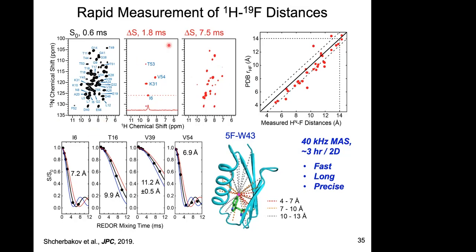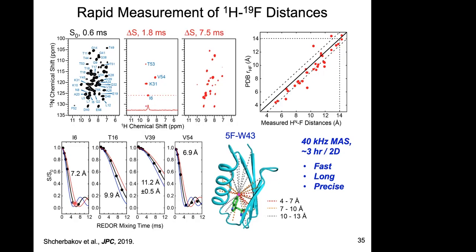So that's all good. And then I can switch to the quantitative analysis, where I'm looking at S over S0. So instead of the difference, I'm looking at the decay. And remember the universal curve. The decay, ideally, if you have a coupling which is relatively strong, then you don't have to wait very long before you see this intensity dropping to nearly zero.